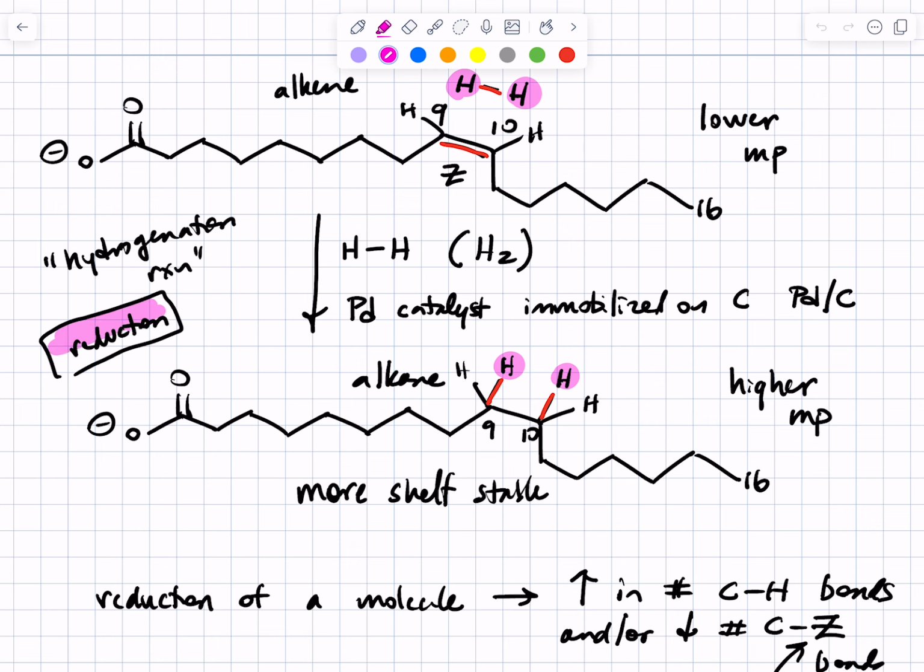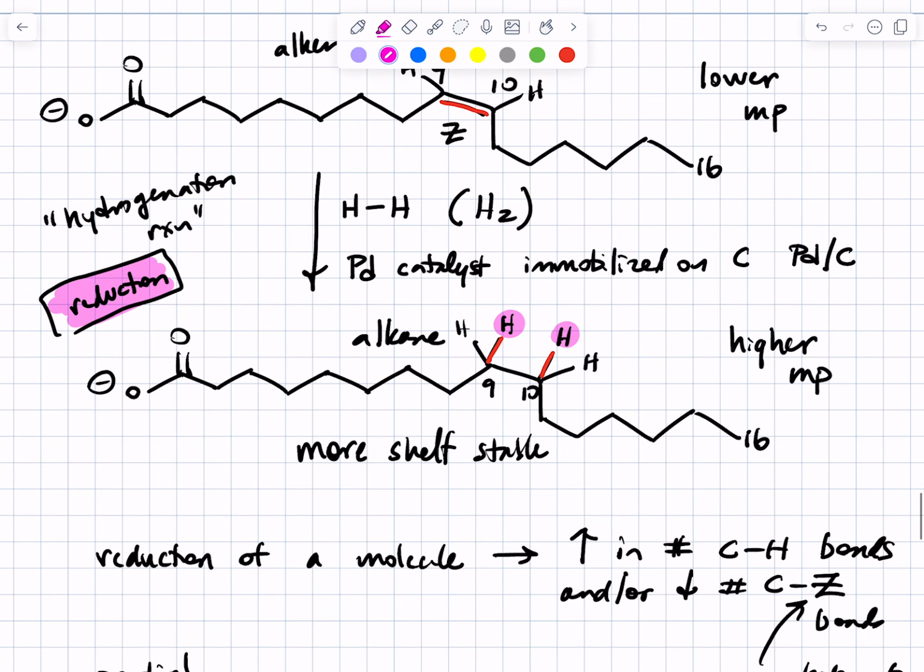A reduction reaction. And in organic chemistry, you can define reduction of an organic molecule as an increase in the number of CH bonds or a decrease in the number of bonds between carbon and an electronegative heteroatom.